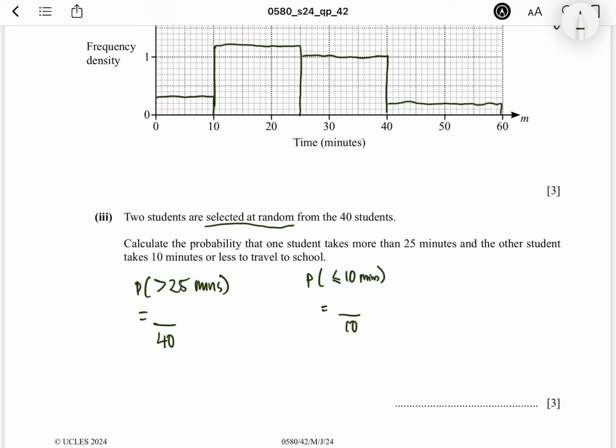But you can also, so first student can be greater than 25, second student less than 10 minutes. Ataupun first student can be less than 10 minutes, second student would be greater than 25 minutes. So both times and plus.